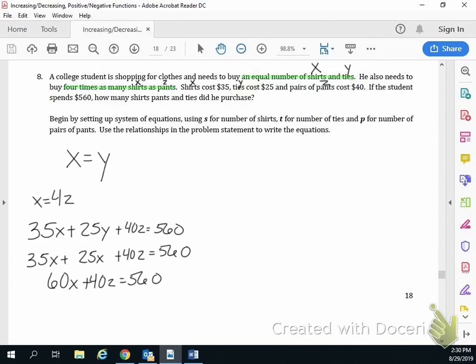So I'm going to put 60 times 4Z plus 40Z equals 560, and then solve from there. So I've got 240Z plus, not equal to, 40Z, that's going to give me 280Z equals 560.